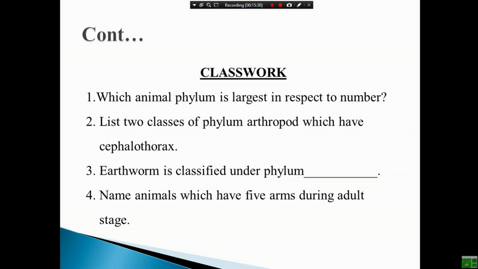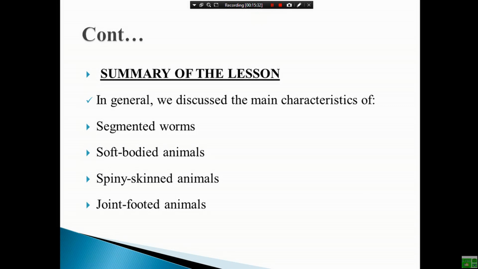Dear students, let's summarize the lesson. In this lesson, we discussed mainly the remaining invertebrates. The first one is phylum Annelida, which are segmented worms. They are earthworms. They have a segmented body with a closed circulatory system. They are hermaphrodites, having both sexes, and they have chaeta, a bristle-like structure for movement.